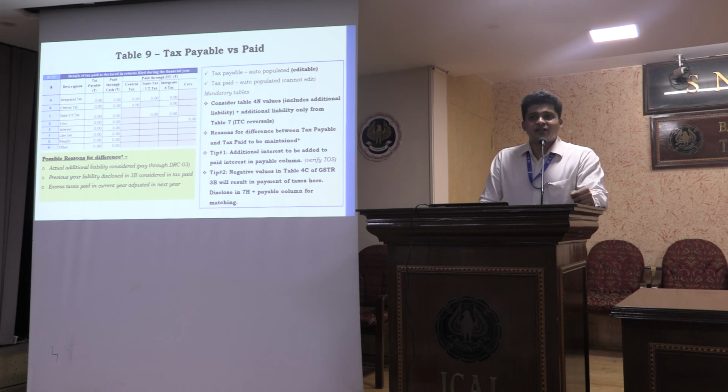What could be the different reasons for difference between tax payable and tax paid? Common question. First and foremost is of course the additional liability. Second is previous year liability disclosed in the 3B in the subsequent period. So this is a situation where financial year 22-23 transactions I disclosed in the returns of GSTR 1 and 3B of April to October 23.